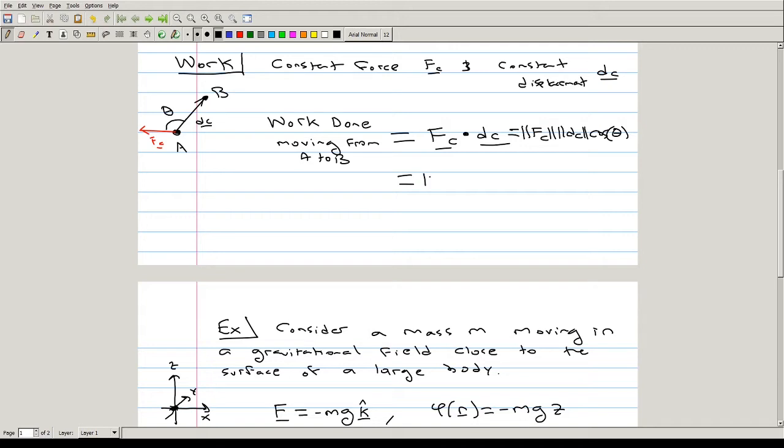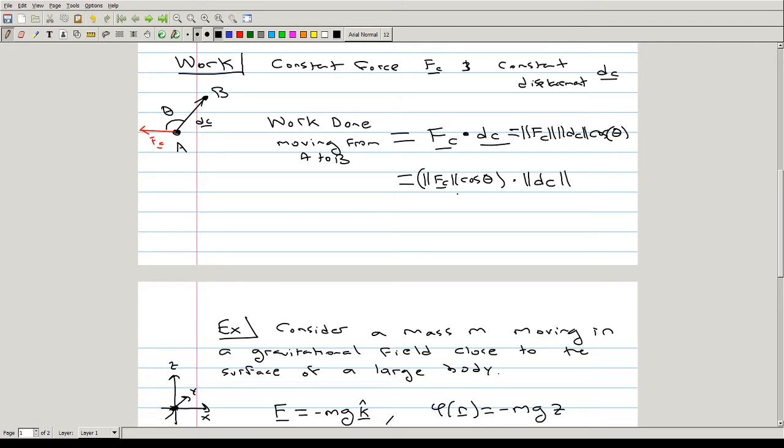First off, you can say that the magnitude of force... I think the best way of interpreting this is saying that it's the magnitude of force times cosine of theta. This is the total amount of force acting along this axis, the projection of the force vector onto this axis, and then it is just multiplied by the total distance traveled.